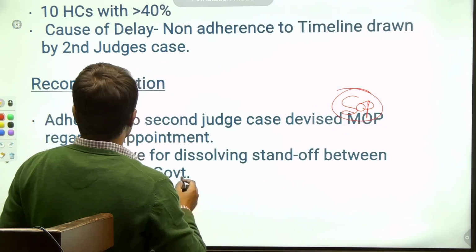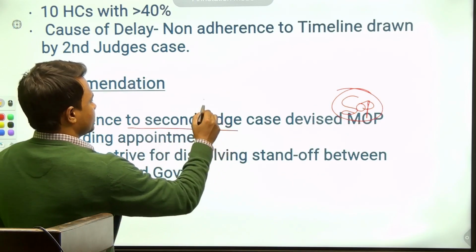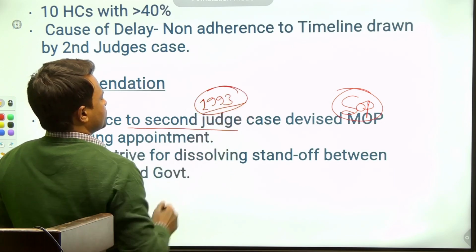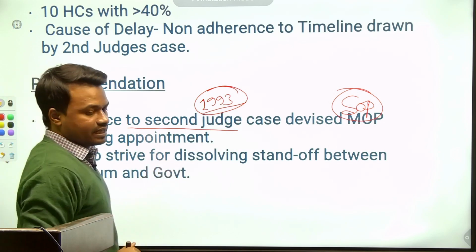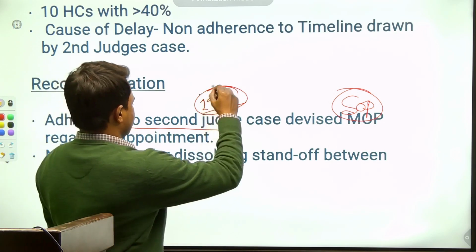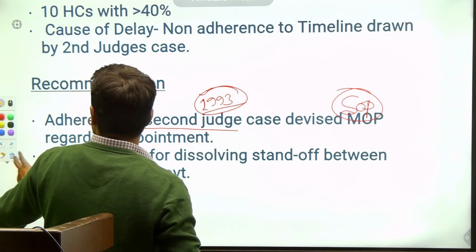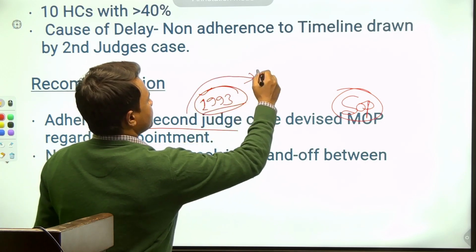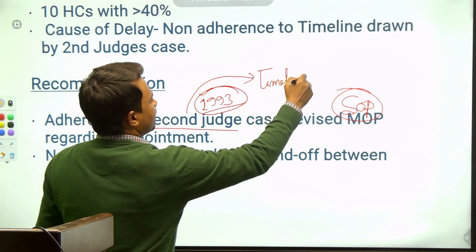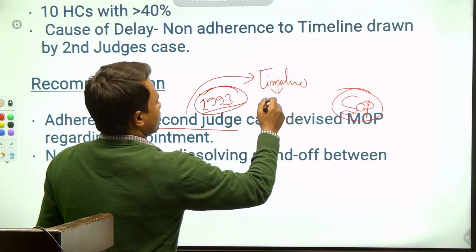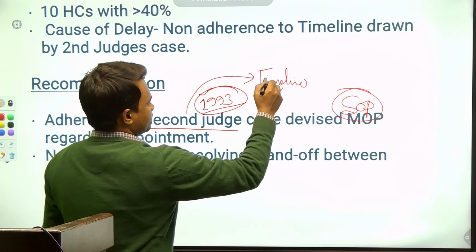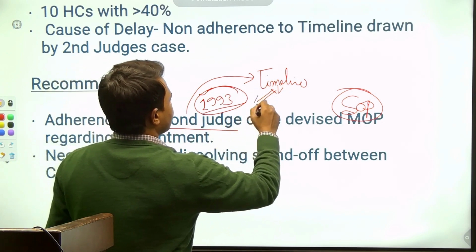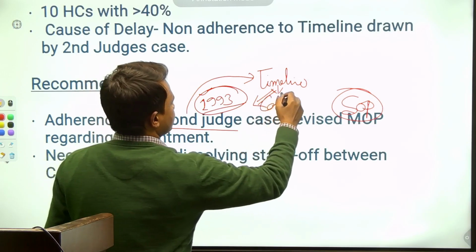That was by the Second Judges Case of 1993, so this is 1990 to 93. The Second Judges Case highlighted the timeline as well as the collegium system.